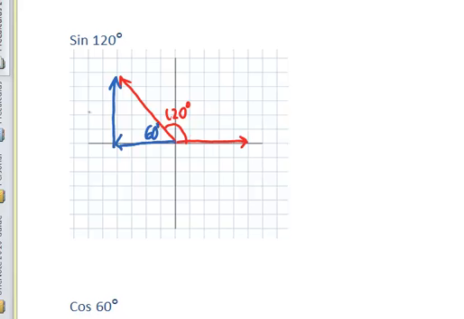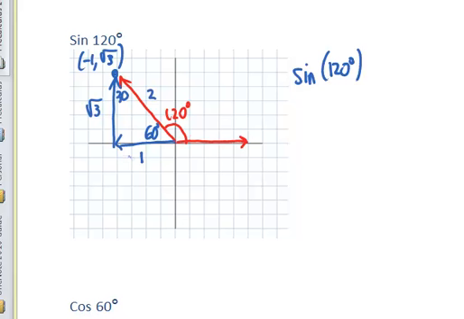This side over here will be x root 3, or it'll be the root 3 side. So if you choose, this will be 1, this will be 2, this will be root 3. So your coordinates at this point, if you use that special triangle, would be negative 1 comma positive root 3.